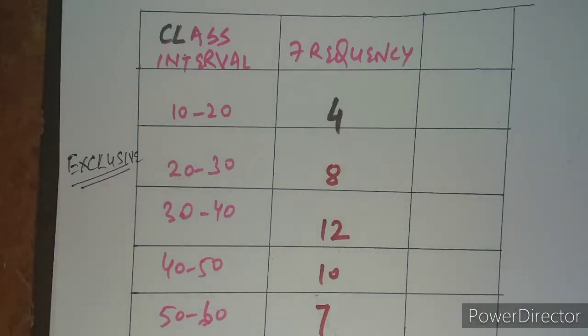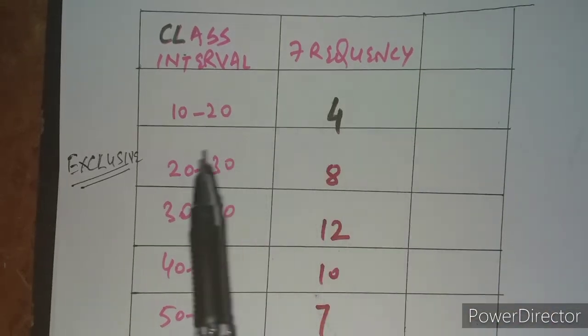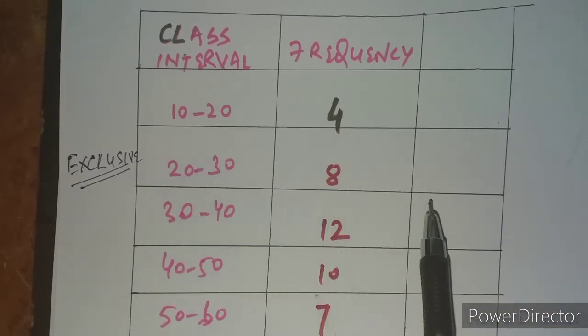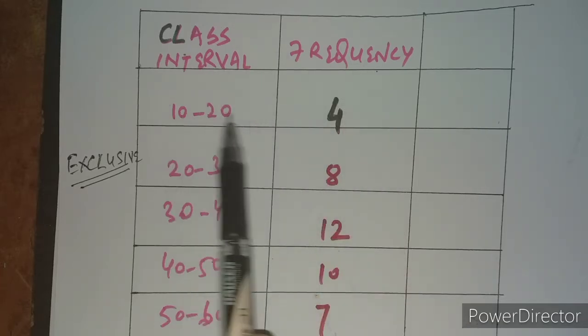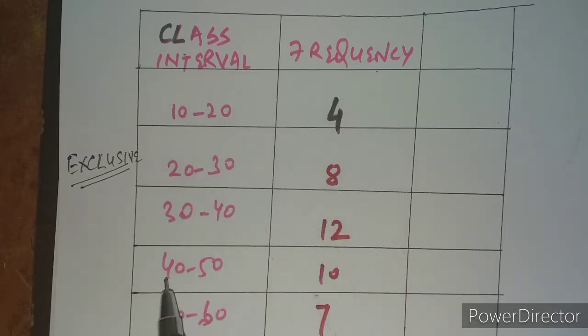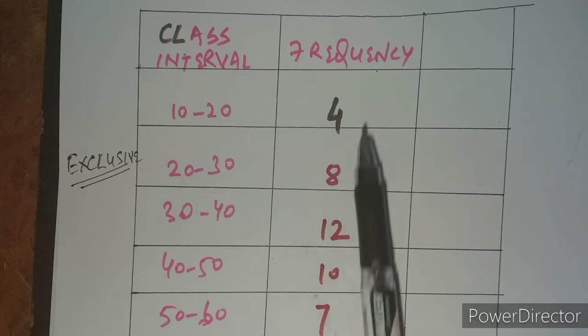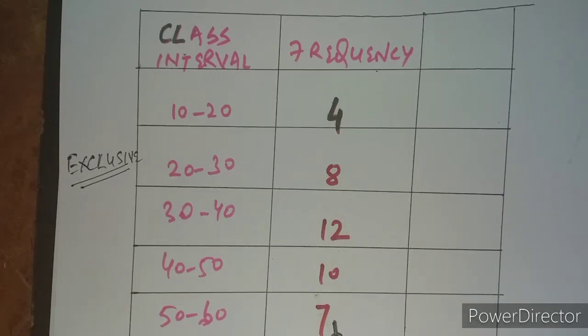Now students, in order to draw the frequency polygon using a histogram, I have taken one frequency distribution table where class intervals and frequencies are given. Class intervals are 10 to 20, 20 to 30, 30 to 40, 40 to 50, 50 to 60, and against those there are different frequencies given.